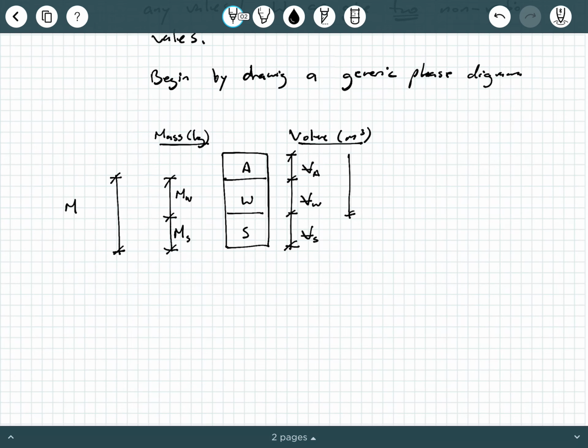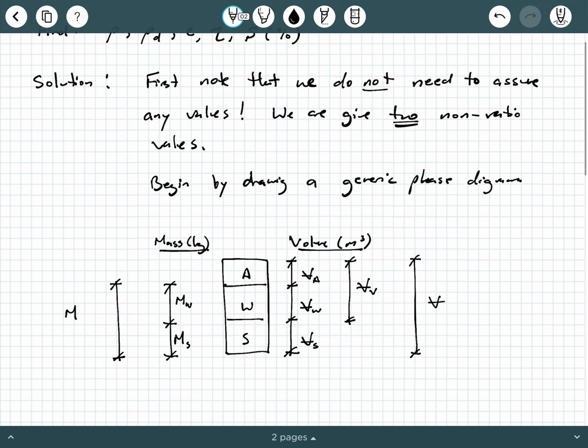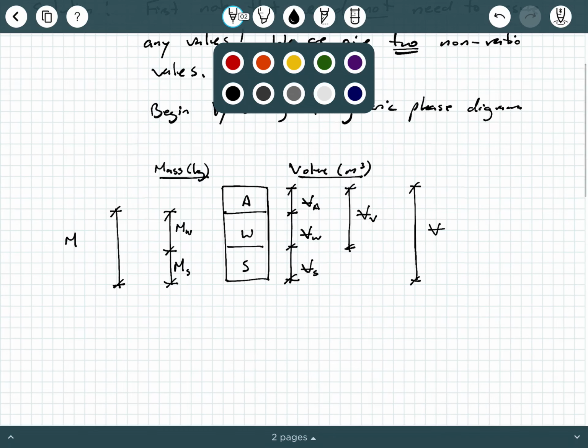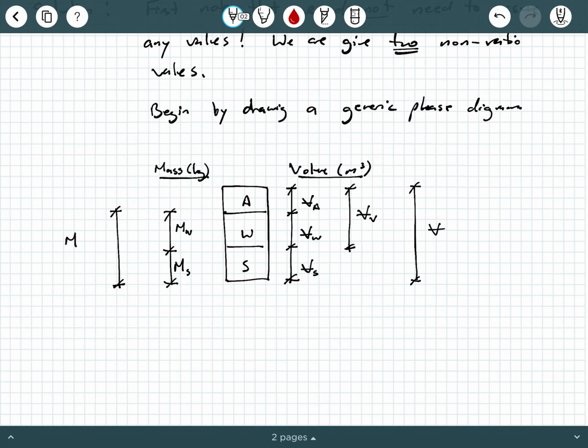The air and the water together make up the volume of voids, and then all three volumes together make up the total volume. Let's populate what we know. We were given two values, a total volume and a total mass, so I'm going to write those in there.